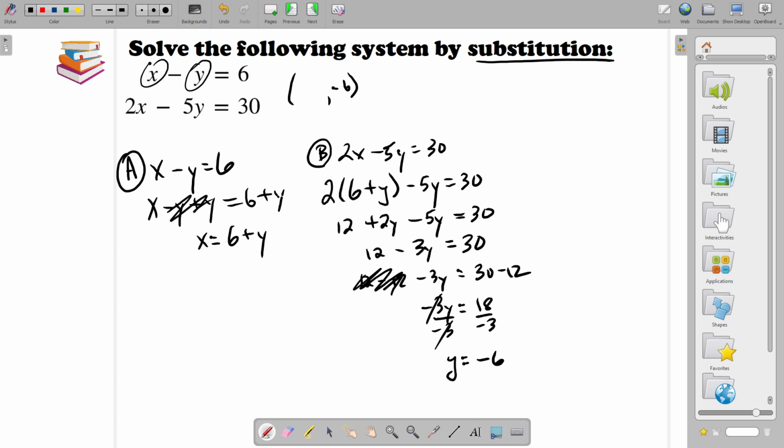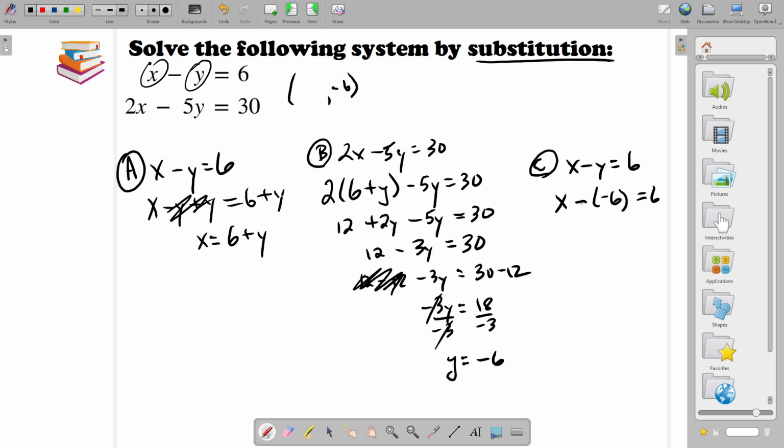To find the x coordinate, we go back to either equation. This one's got smaller numbers, so my step C is going to be to take x minus y equals 6. Again, notice how I write down what I'm starting with first. Plug the negative 6 in, I get x minus negative 6 equals 6.